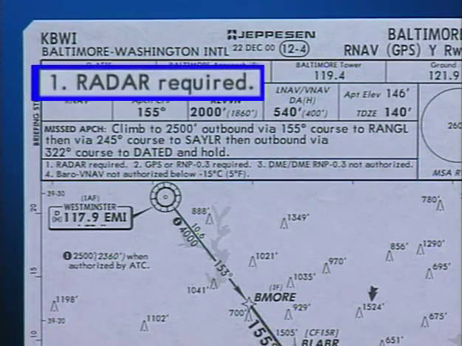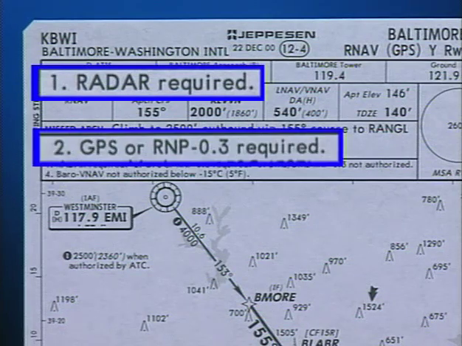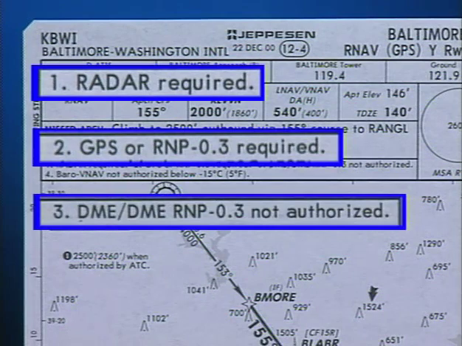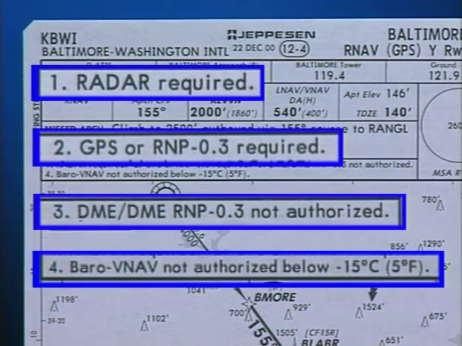You may see requirements for the approach, such as radar required, GPS or RNP 0.3 required, DME RNP 0.3 not authorized, and Baro VNAV not authorized below minus 15 degrees Celsius.